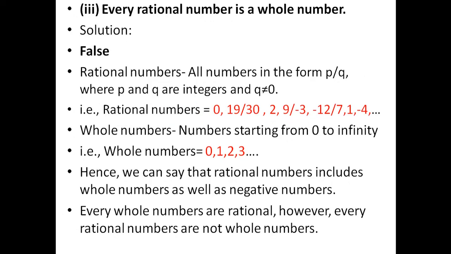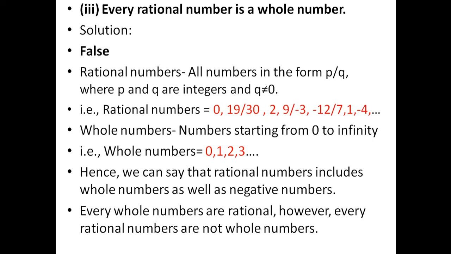The next question, every rational number is a whole number. This is also false. So we have to explain. Rational numbers mean all numbers in the form of p by q. If it is an integer also, we can write it, suppose minus 4 is there, we will write minus 4 by 1. Any number, we can write it divided by 1.